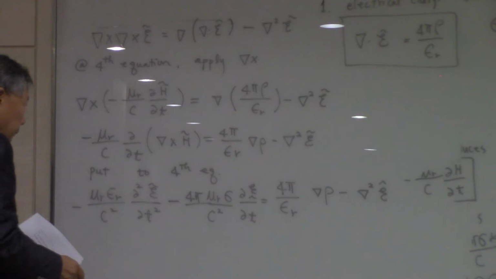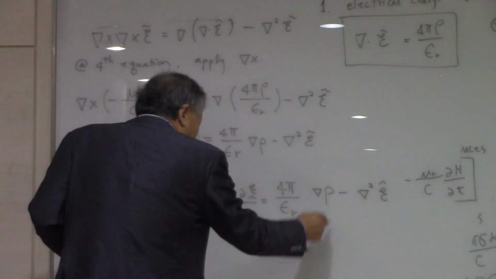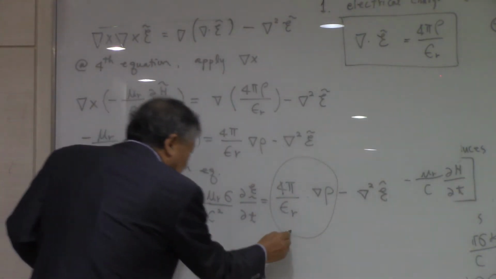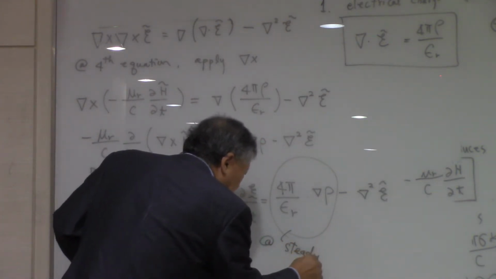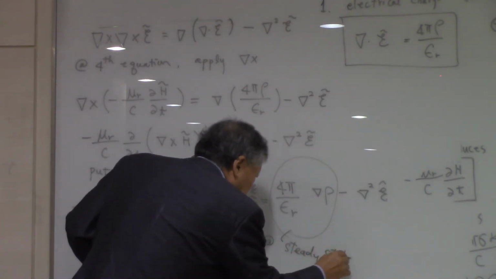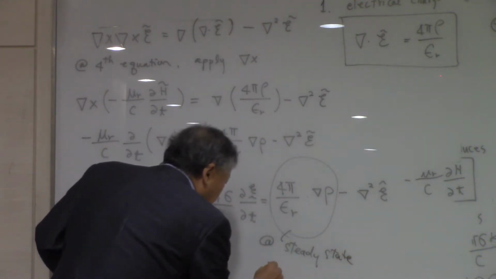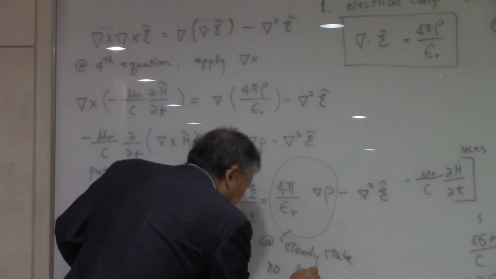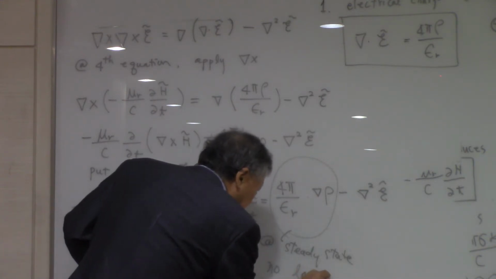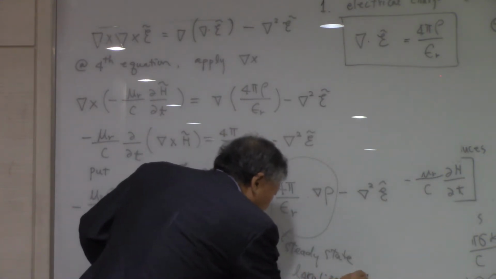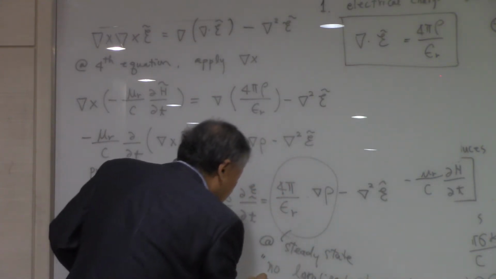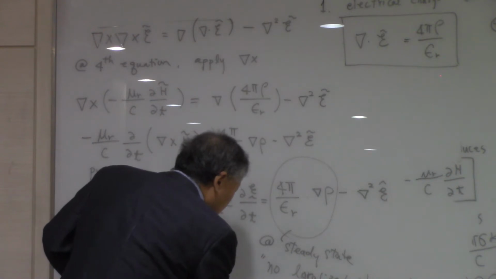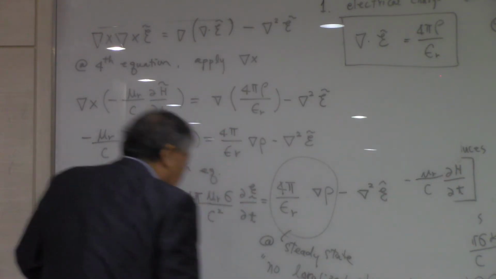And here, this is at steady state. Steady state means no localized charge, so that rho should be 0.